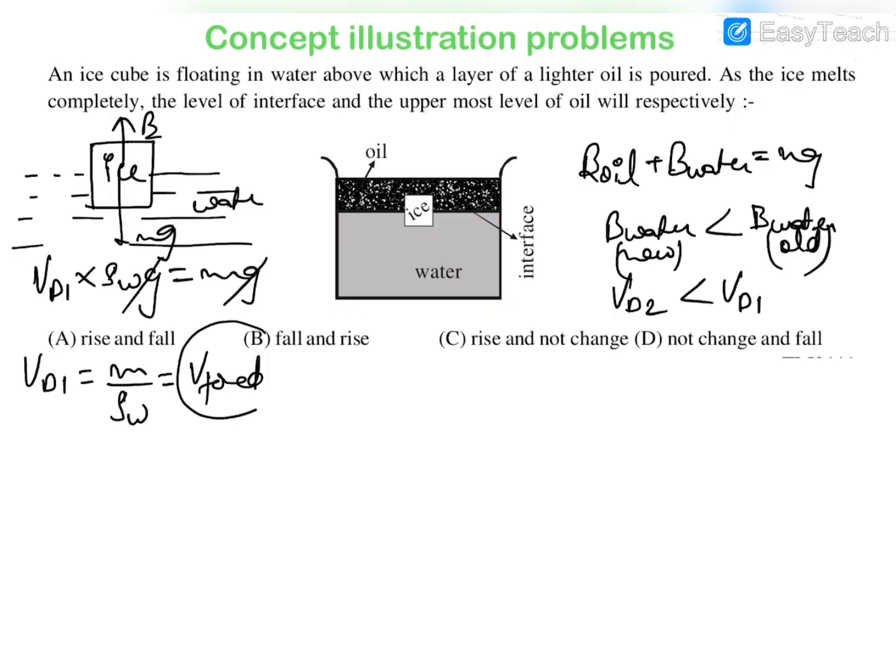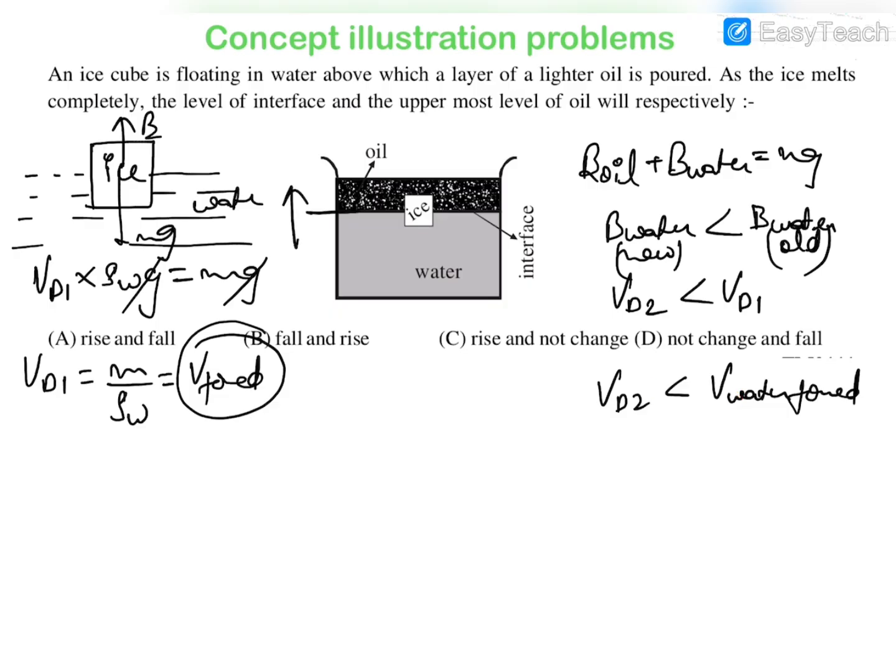But the volume of liquid formed is the same, therefore the volume of liquid displaced now is less than the volume of water formed by melting of ice.